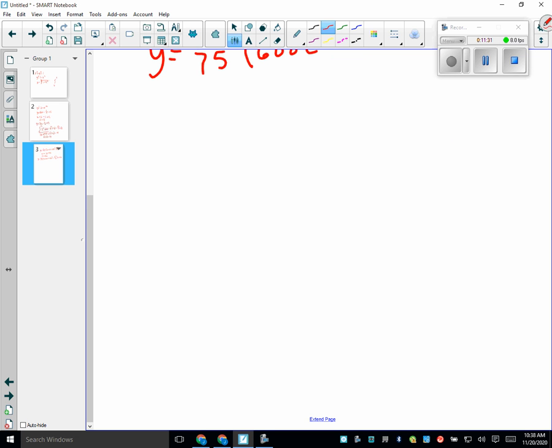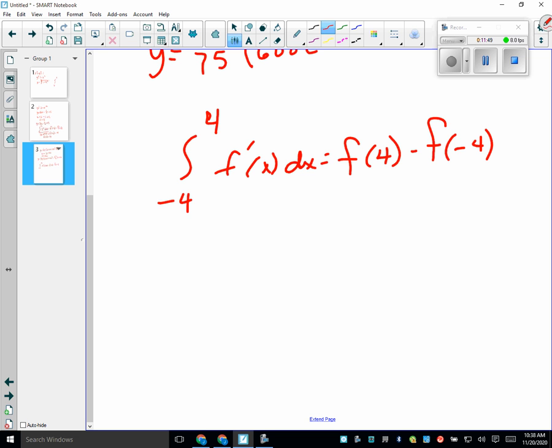So problem 10, if I want f of negative 4, can I say the integral from negative 4 to 4 of f prime of x dx equals f of 4 minus f of negative 4? Okay, isn't my integral a semicircle? Yeah.